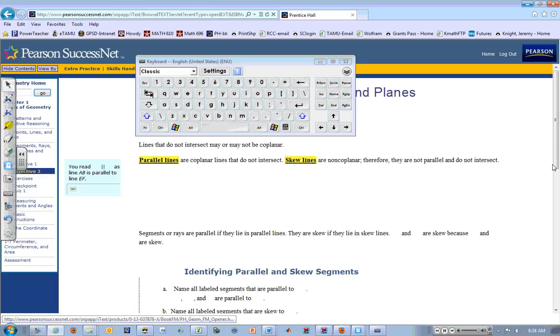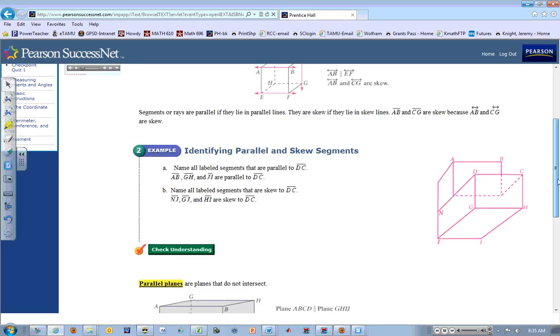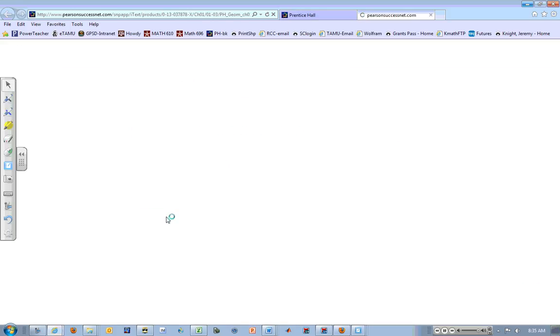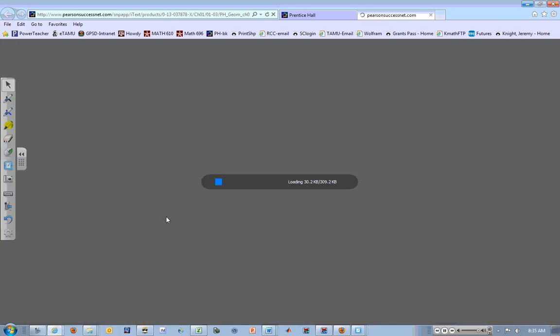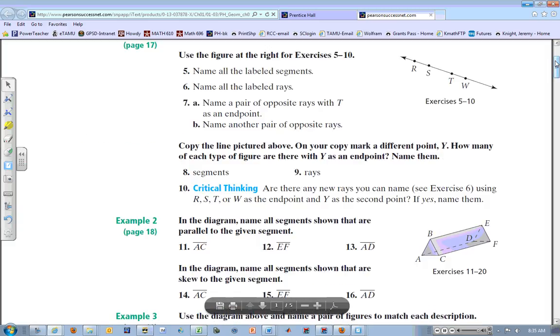It's not there. You've got to go down to the exercises here. So there's a couple clicks, but if you get this down, you might not have to take your book home. But you've got to go down to the exercises. So that's the process if you want to use the online page.